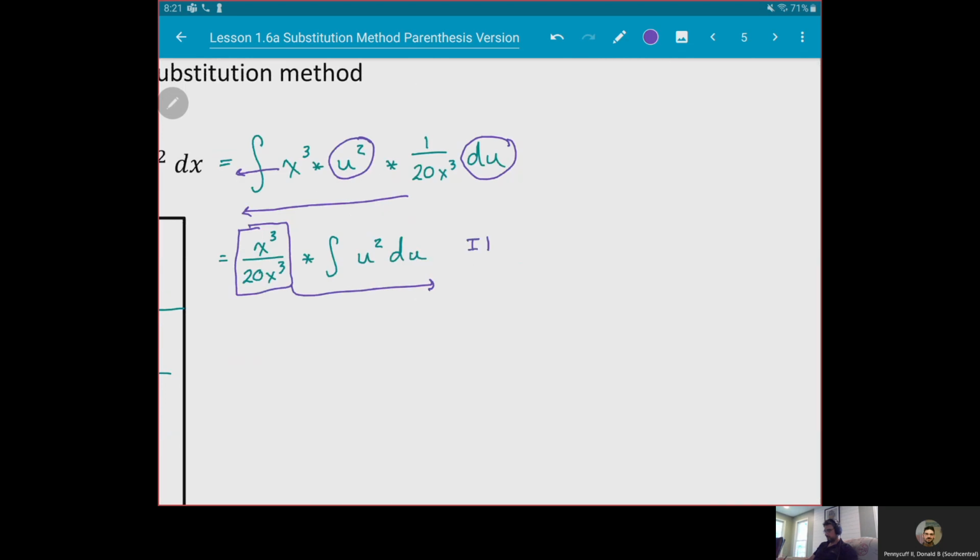If the x's do not cancel out completely, then substitution method did not work.